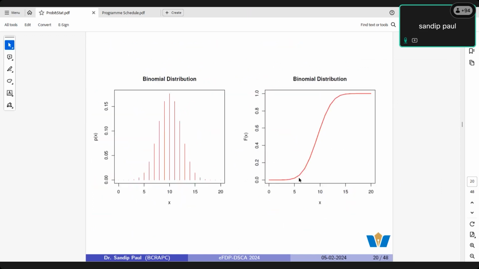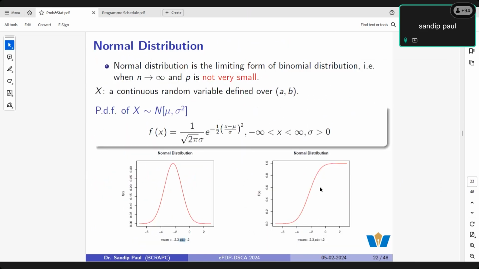In the binomial distribution there are small line segments between two consecutive values of x, and if we increase the number of values of x, the line segments become very small and it looks like a continuous curve. So the binomial distribution converges to the normal distribution if we take a very large value of n. And one more thing is required: the probability at a certain point should not be very small.